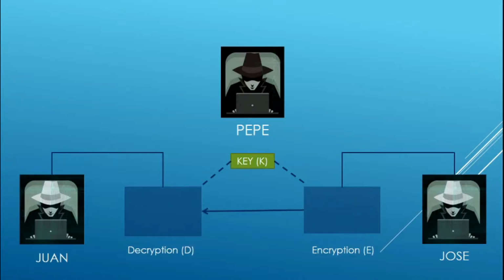And also, since they are symmetric, they are equal, Jose can also use the same key and the same encryption algorithm to convert the message na isesend niya kay Juan into a ciphertext. And then again, si Juan can decrypt that ciphertext into a plain text para maintindihan niya.